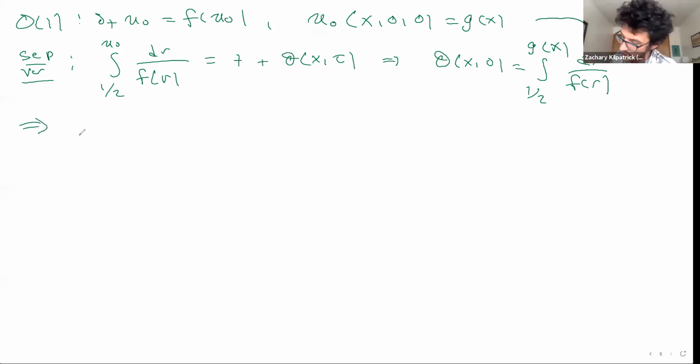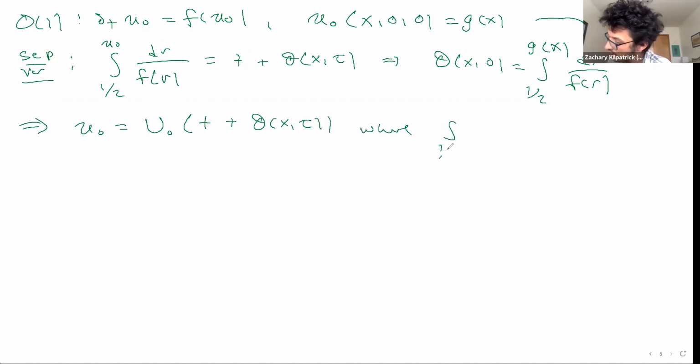So we get an expression for u0, which is that u0 equals some function big U of t plus theta of x and tau, where the integral from a half up to u0 of dr over f of r equals s determines u0 of s.